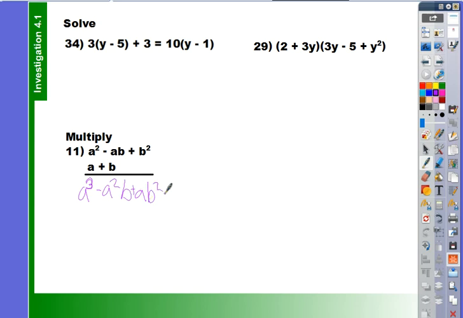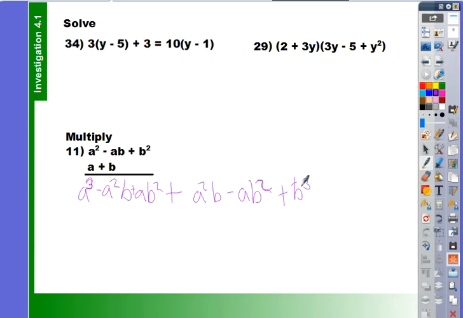And then we add b, so b times a squared is a squared b, and b times negative ab is negative ab squared. And then b times b squared is b cubed.